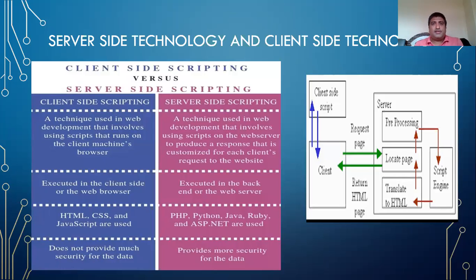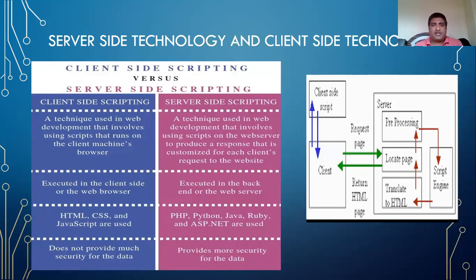Next point is server-side technology and client-side technology. So let's see the difference. JavaScript is a client-side scripting language, and C#, PHP, Java are server-side programming languages. So let's see the difference between client-side technology and server-side technology.